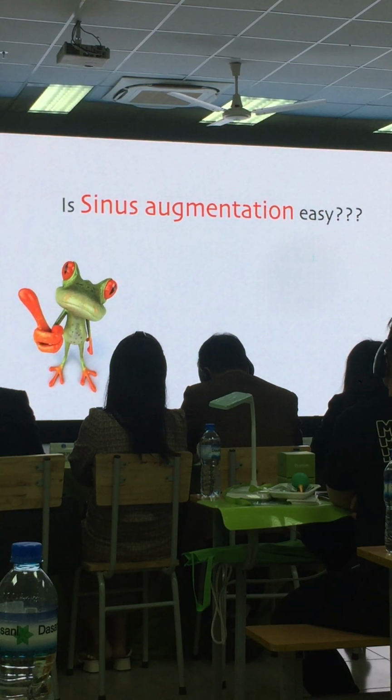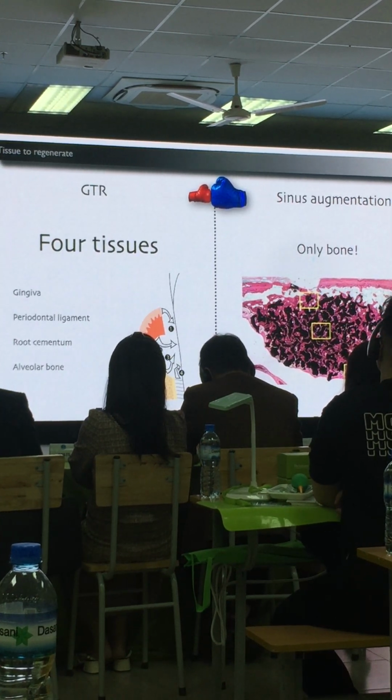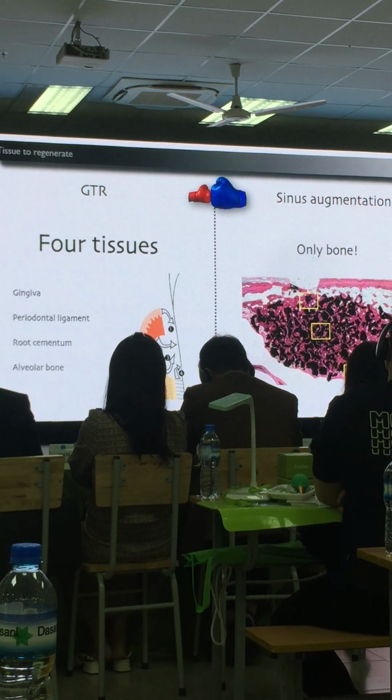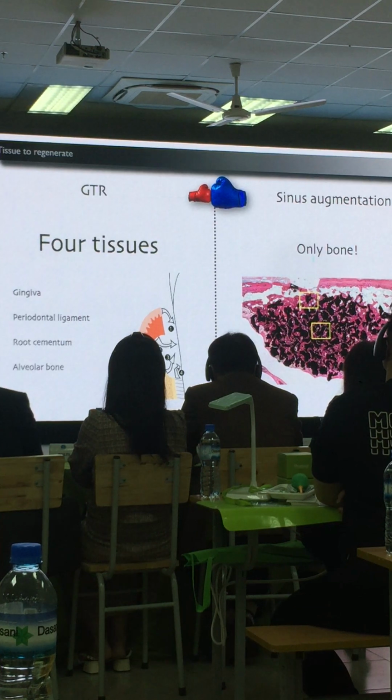I always say to my colleagues that sinus augmentation is rather easy. You may say, what? Let me explain. First, I will compare the sinus augmentation procedure with the guided tissue regeneration procedure, which is performed for periodontal regeneration.